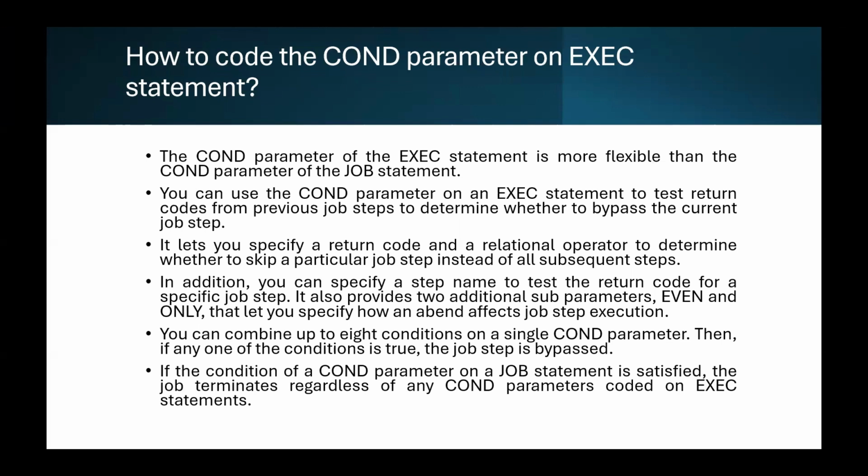Why? Because the JOB statement takes the first priority, and after that comes the EXEC statement. So whenever we have a condition on the JOB statement, you should be careful about it, because if that condition is satisfied, then the job terminates regardless of any condition that you have coded on the EXEC statement. So yes, the JOB statement takes the first priority on the COND parameter.